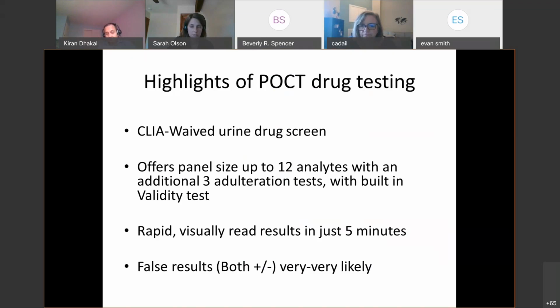You can visually read the result in just 5 minutes, but it is not reliable. You can see a lot of false results, both false positive and false negative, because the sensitivity is not good enough, and even at low drug concentration you get some kind of interfering signal, and to get a really good signal, the drug needs to be at very high concentration. And if there are more than 2 or 3 drugs, there are always chances of cross reaction.